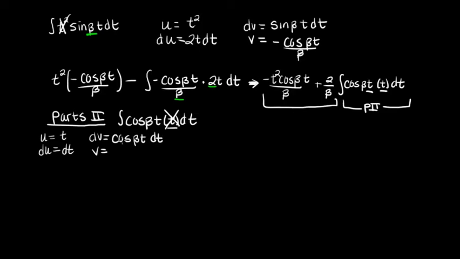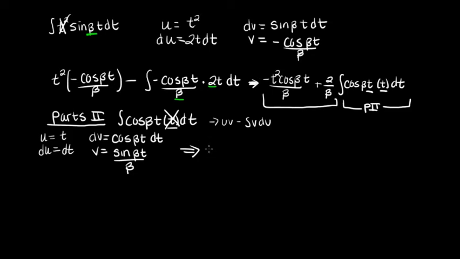We're going to go backwards again. The antiderivative of cosine would give me a sine of beta t all over beta. Excuse me, that one, yes, that's correct, over beta. Okay, let's go ahead and plug into our equation, which, do you remember what it was? uv minus integral of v du.